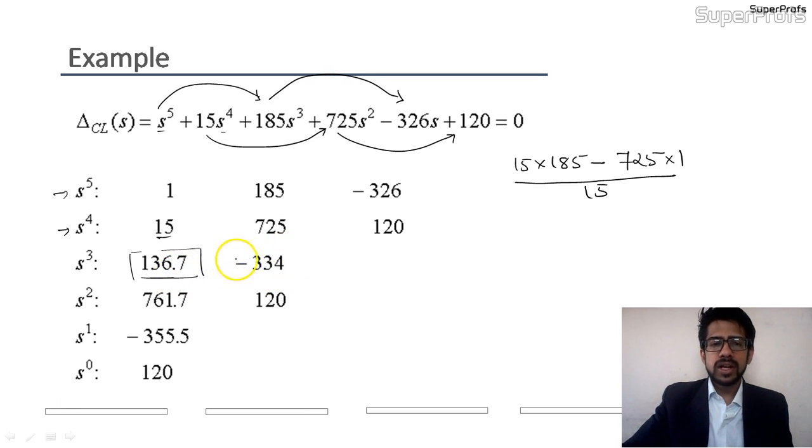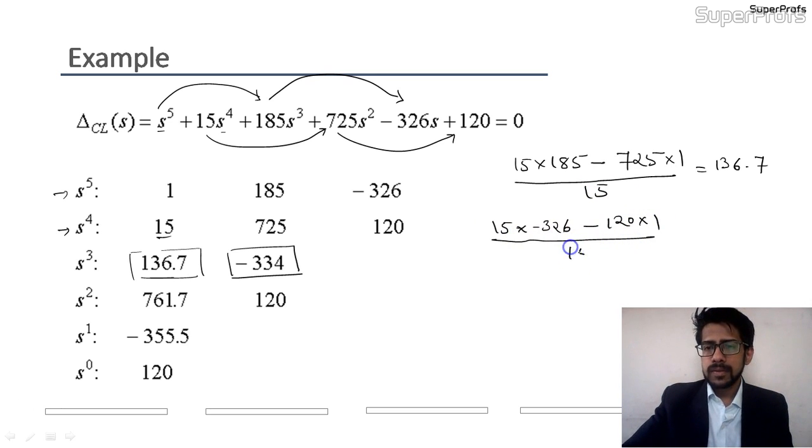Also, for calculating this value, the operation would be 15 into minus 326 minus 120 into 1, upon 15. So this will give me minus 334.